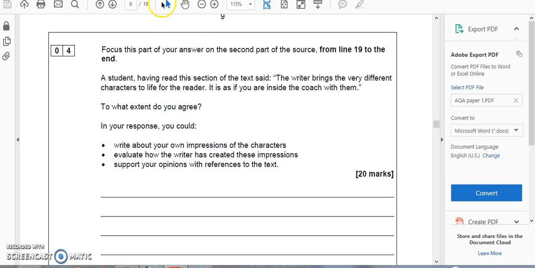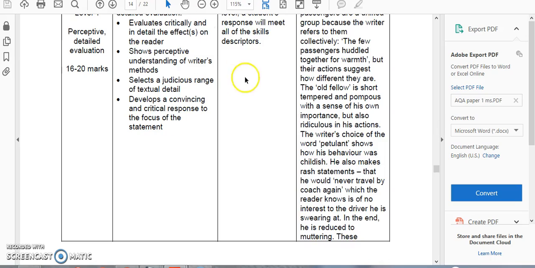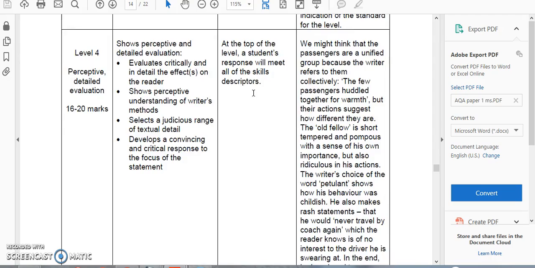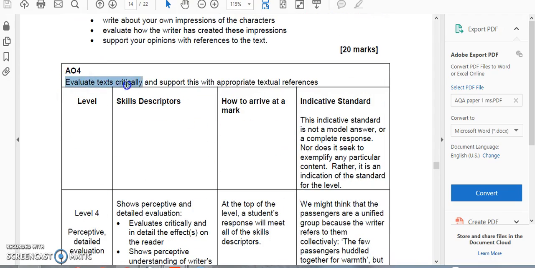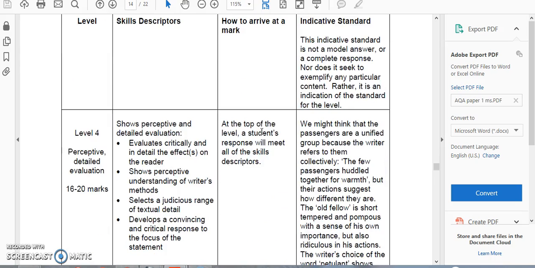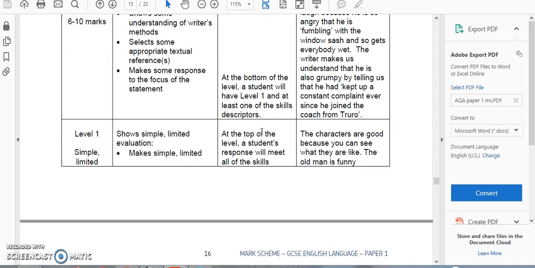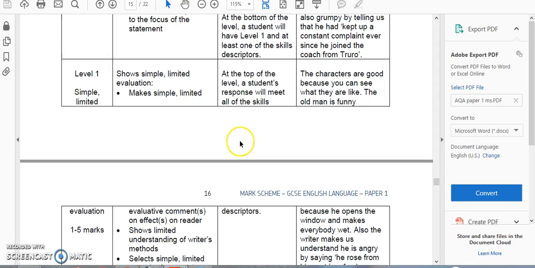So let's have a quick look at the mark scheme to see what you're expected to do. As we can see here, we've got evaluate the text critically and support this with appropriate textual references. So that's what they're expecting. We'll start with band 1, which is your very low level stuff.